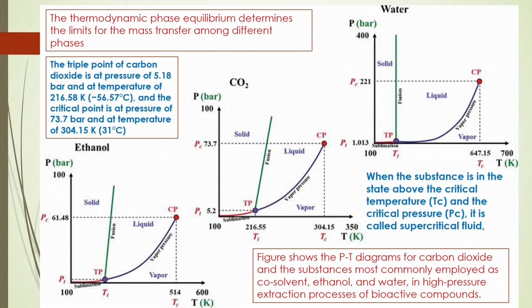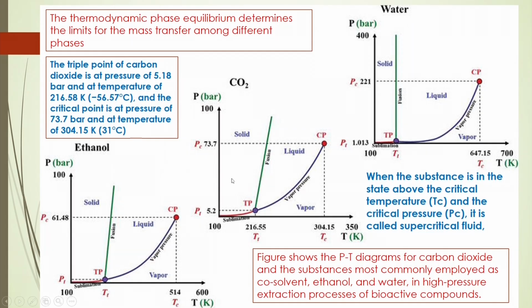And also you have to remember the triple point of carbon dioxide is at a pressure of 5.18 bar and a temperature of 216.58 Kelvin, which is around minus 56.57 degrees centigrade, and the critical point is at a pressure of 73.7 bar and a temperature of 304.14 Kelvin.